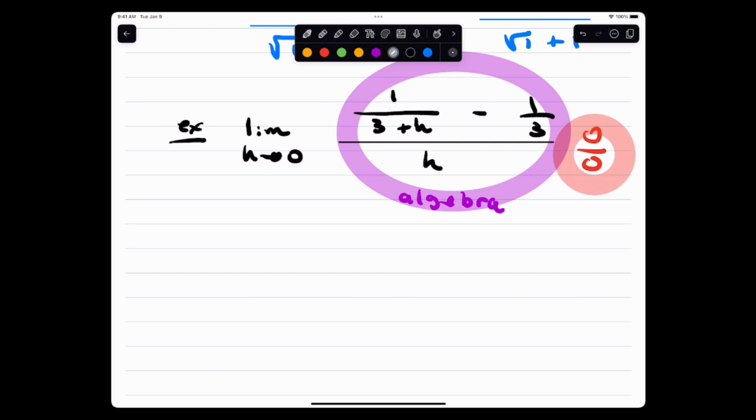Focus on the numerator. Because for the denominator, when they say use algebra, that's just an h down there. So what kind of algebra can I do for this numerator? Do you guys know?